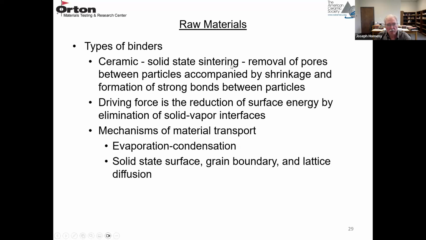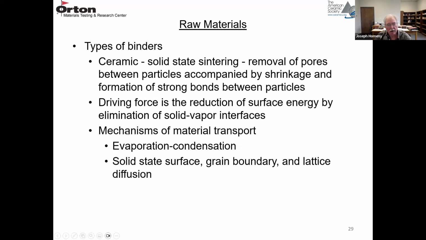The driving force for densification is simply the reduction of surface energy by elimination of surface area, or these solid vapor interfaces. Surfaces have higher energy than the bulk, so you want to eliminate surface area to reduce the energy.